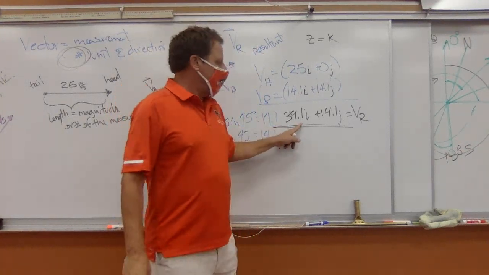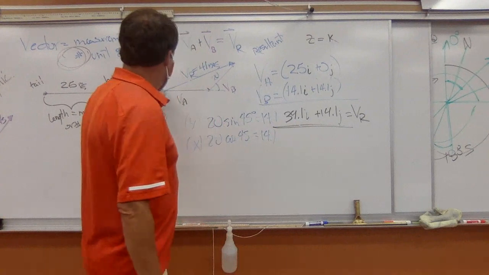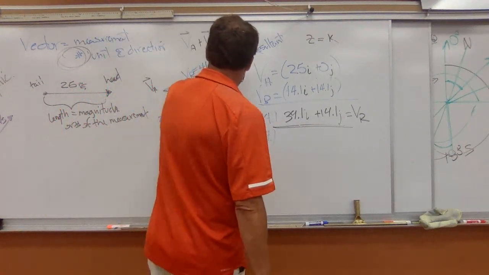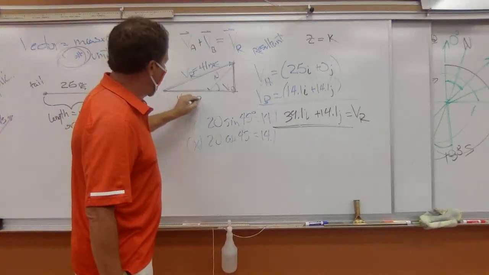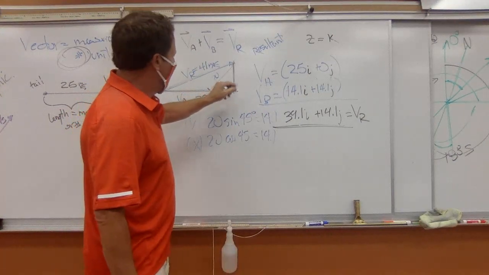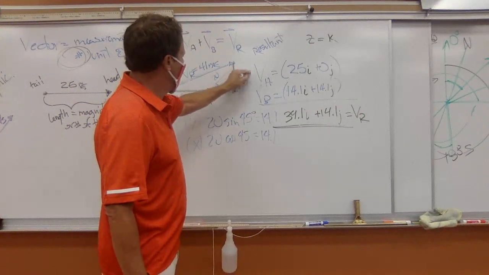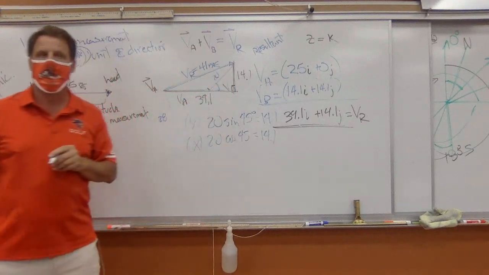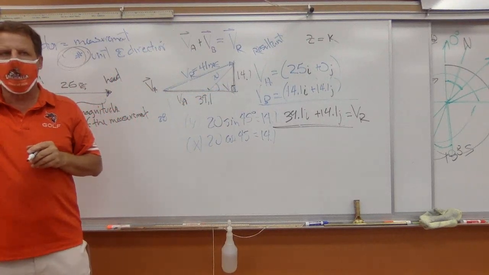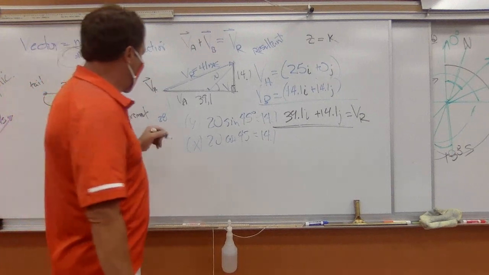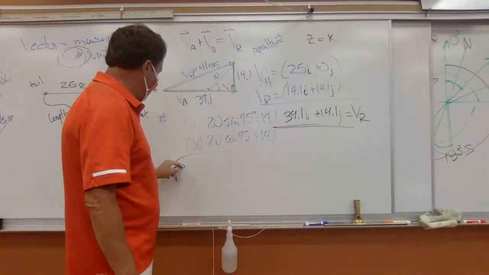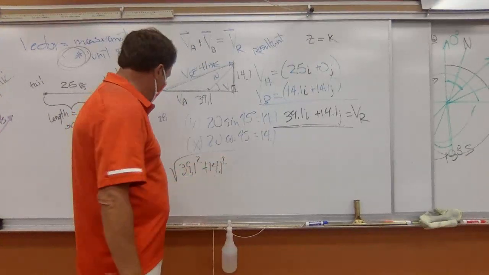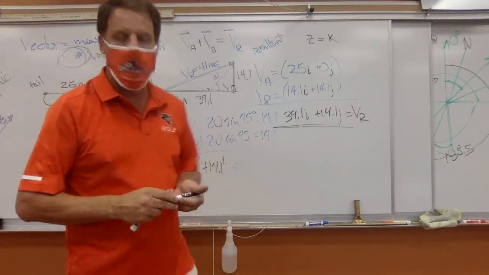All right, so now what is the length? You guys, what is the length of this vector right there? If we know that this length right here is 39.1, and we know that this length is 14.1, then what is this length? We're just going to use the Pythagorean theorem. So the length is going to be 39.1 squared plus 14.1 squared, and then we're going to take the square root of that.